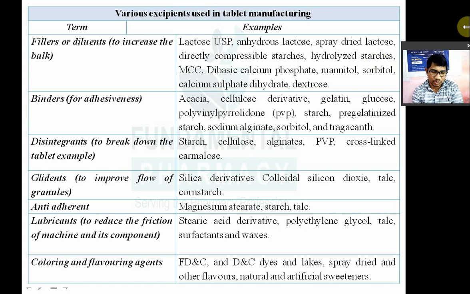For that you need excipients. You have to add bulking agent, diluent, binding agent for granulation, disintegrating agent for disintegration, a glidant to improve the flow, lubricants, coloring agent. So these are known as excipients used in the tablet.